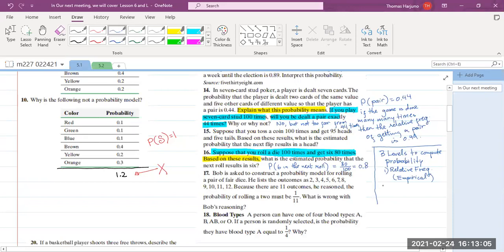Now, the second one is the theoretical approach, sometimes called classical, sometimes called the assumption method, theoretical, conventional. That's based on assumption.